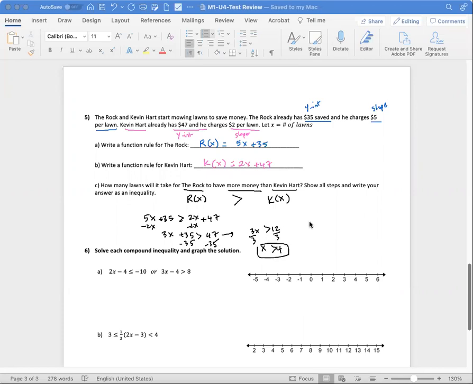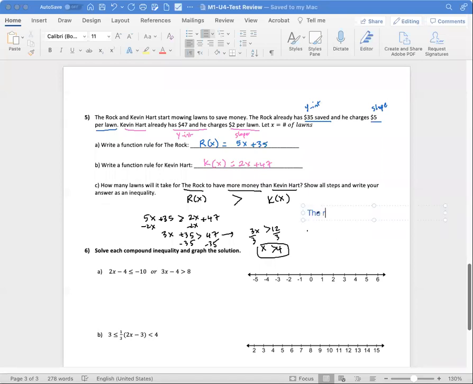So what are we saying here? We're saying for The Rock to be making more money than Kevin Hart, The Rock would have to mow more than 4 lawns, right? More than 4, not 4, more than 4. So to answer the question, how many lawns? To answer the question correctly, you can say, let's try to type it here.